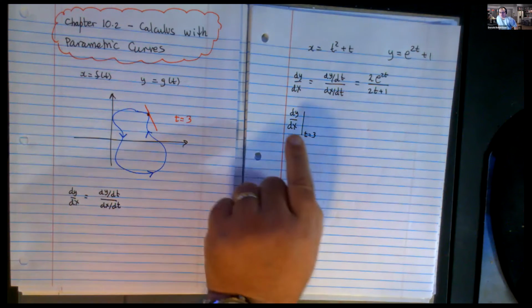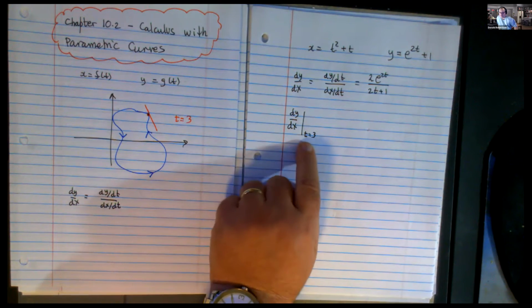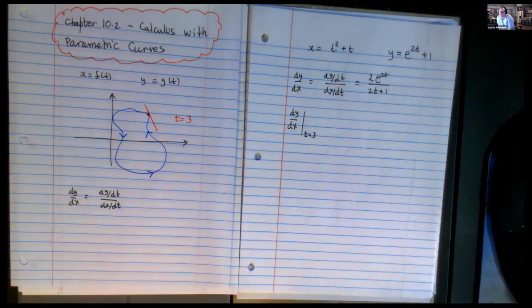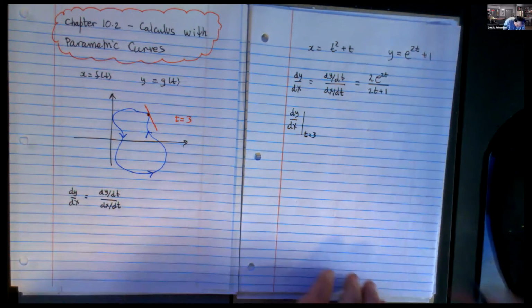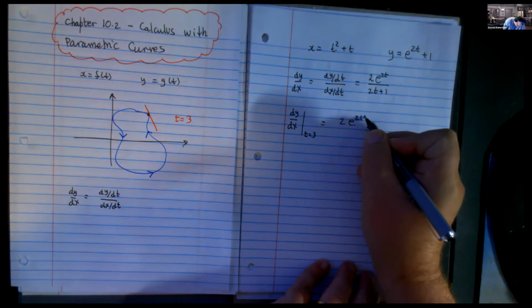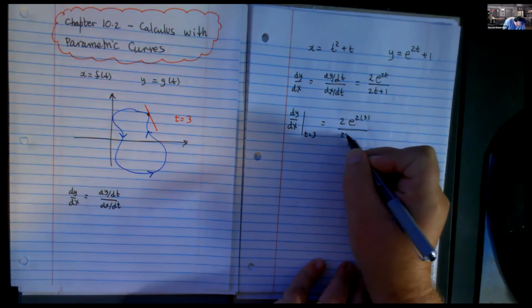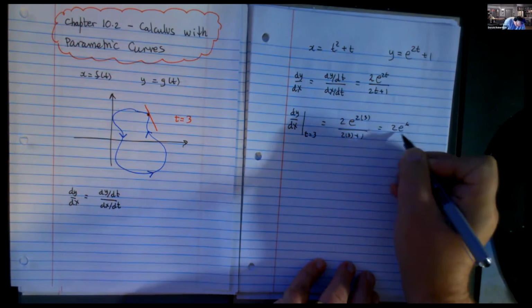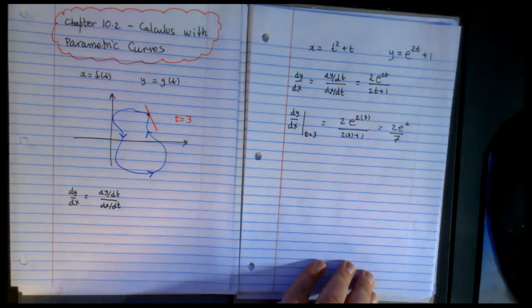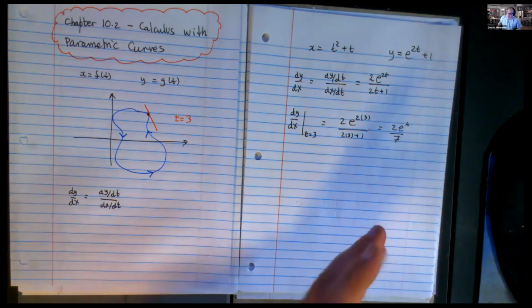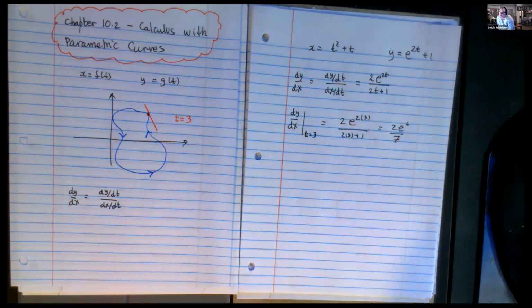What that says is I'm going to find the derivative at t equals 3, and that vertical line is part of the way you write it down. So it's going to be 2 lots of e to the 2 times 3 over 2 times 3 plus 1. So that's 2e to the 6 over 7. So now I know the slope of that red line. It's whatever 2e to the power of 6 divided by 7 is.